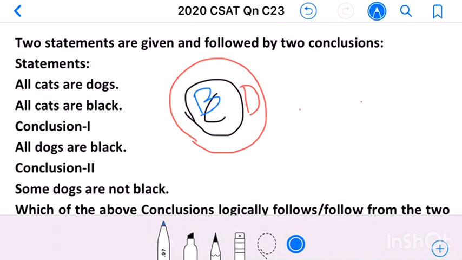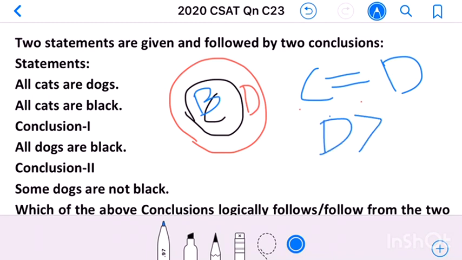Here we have two possibilities. Suppose the number of cats equals the number of dogs. Then this conclusion is true: all dogs are black because all cats are black. The other possibility is that the number of dogs is more than that of cats. Then we cannot make this conclusion, because only those dogs which are cats are black. So the first conclusion does not follow.